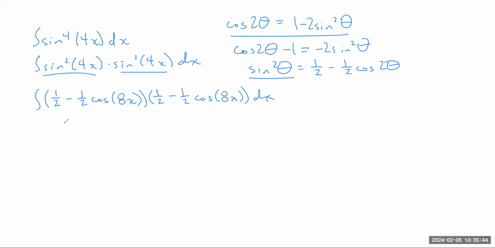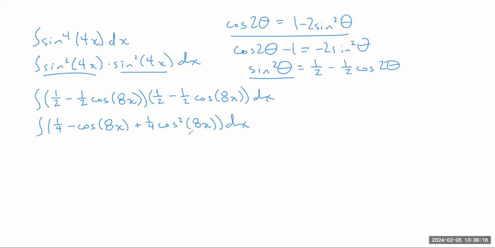Right, so let's actually square this. So I get 1/4, minus 1/2 cosine of 8x, plus 1/4 cosine squared 8x, right?